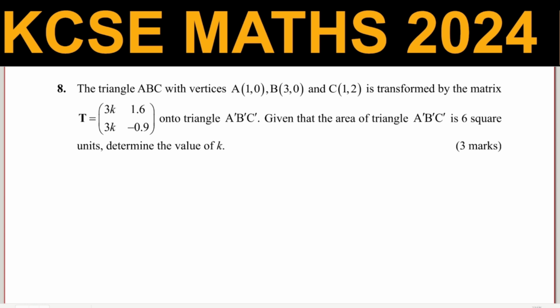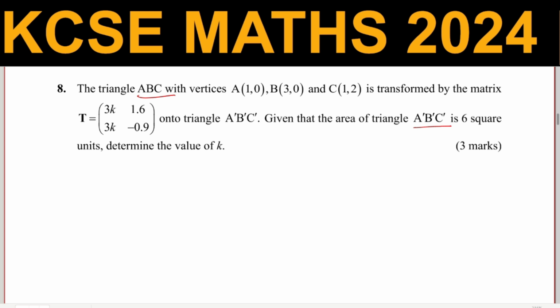Now when you look at this particular question, first of all you need to be very careful to know exactly what it is testing. You're given the matrix, the object ABC, and the image A'B'C'. Then you're given the area of the image and the matrix.